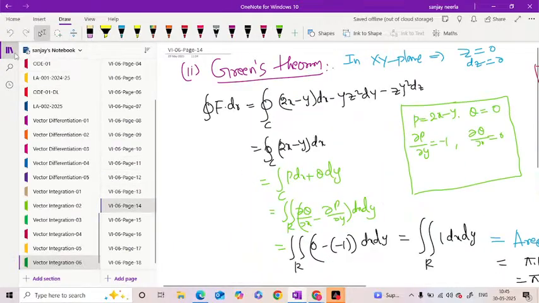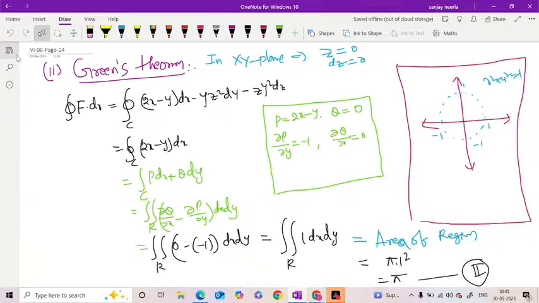Next, the same problem we will solve by using Green's theorem. In Green's theorem, first of all you have to identify P and Q. Here P is 2x minus y and Q is 0, and dou P by dou y is equal to minus 1, dou Q by dou x is 0. After applying Green's theorem, we get the double integral of 0 minus minus 1 dx dy.